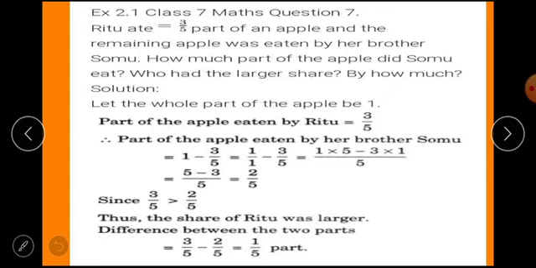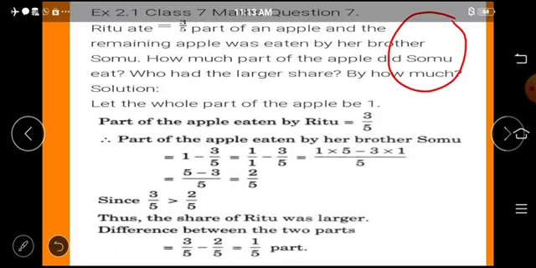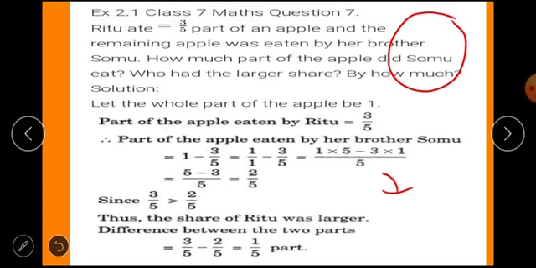So students, here we will represent the whole part. As I told you that we will represent the whole part, means we will represent this whole apple as a 1. Now Ritu ate 3 by 5 parts of an apple.